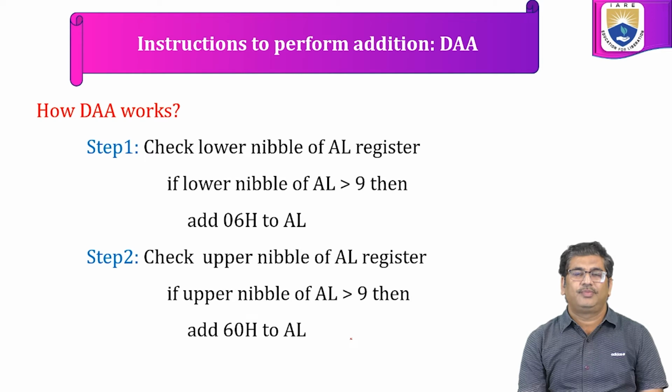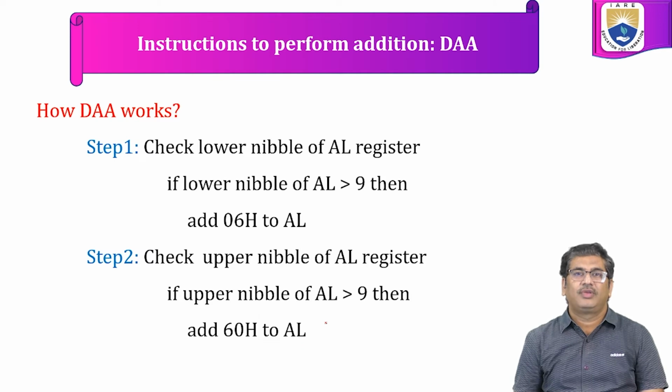We'll move to step 2. In step 2, we have to check the upper nibble of the AL register. If the upper nibble is not a valid BCD number, that means if it is greater than 9, add 60H to the AL register contents. If it is a valid number, that is the upper nibble is less than or equivalent to 9, don't alter the contents of the AL register.